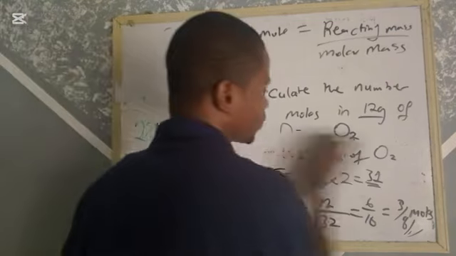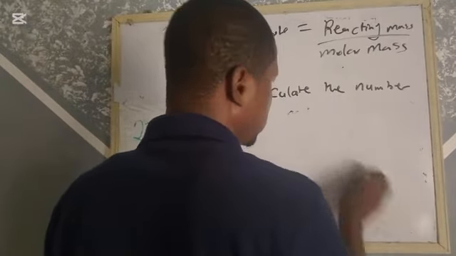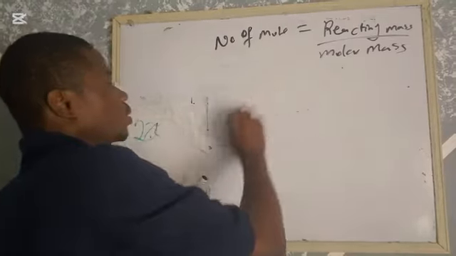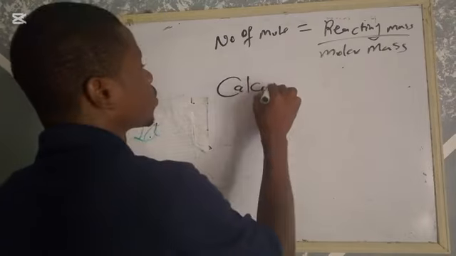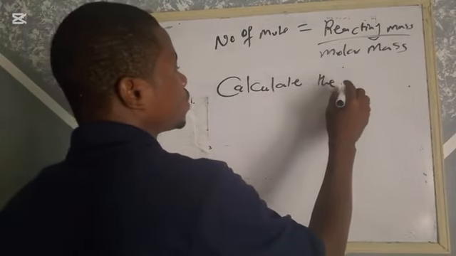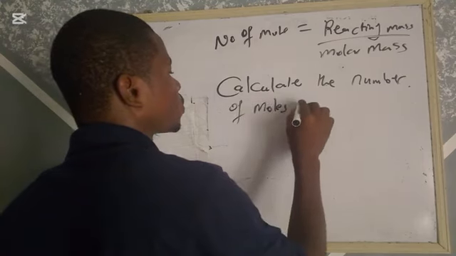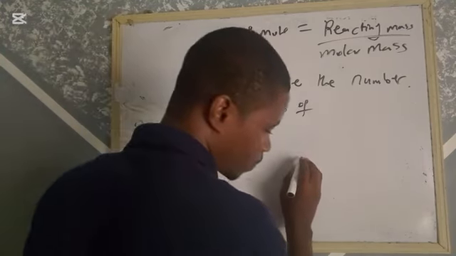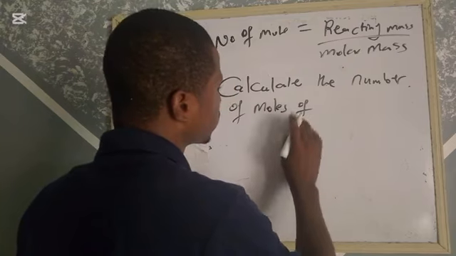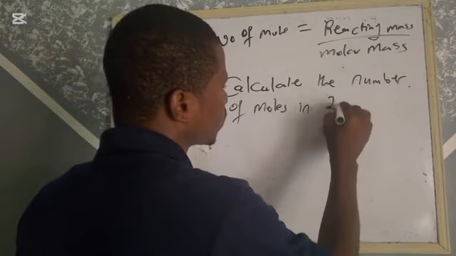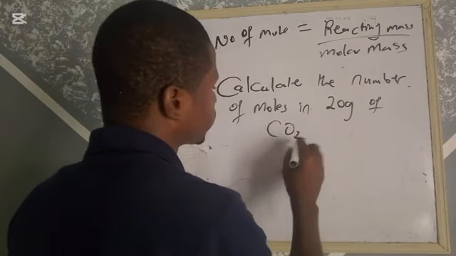Okay, now you do this one for me. Calculate the number of moles in 20 gram of CO2 molecule.